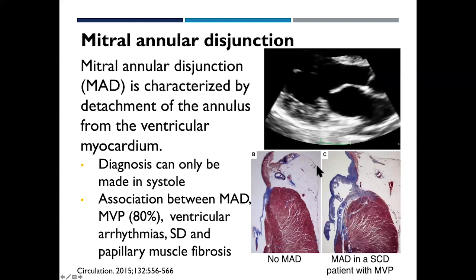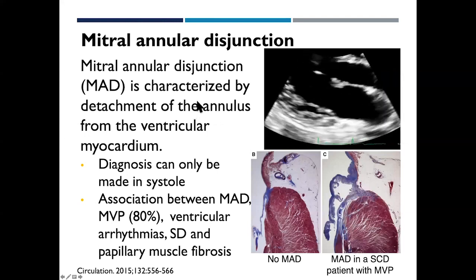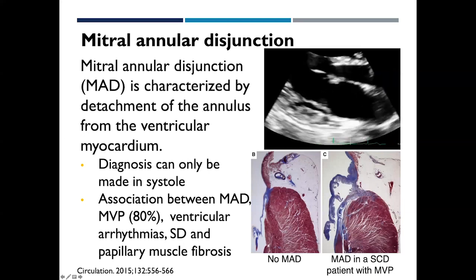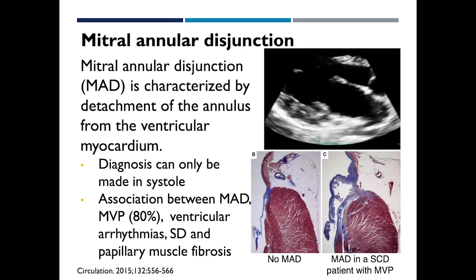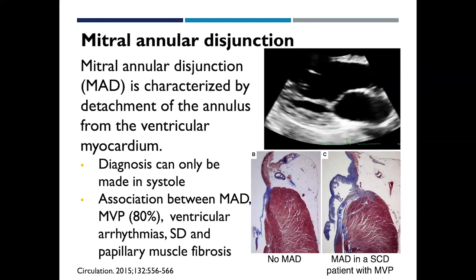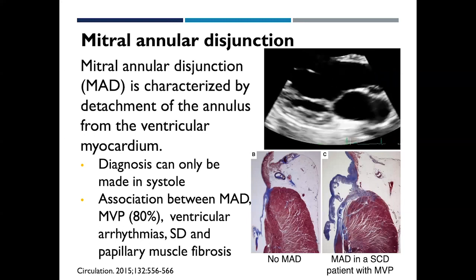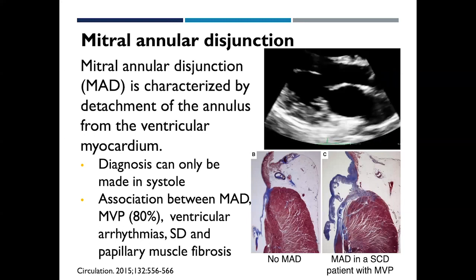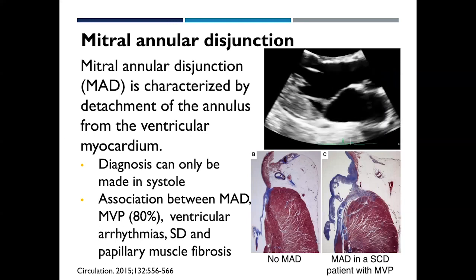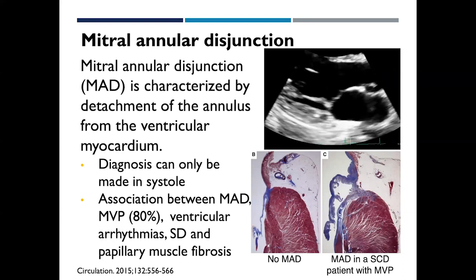Finally, my last couple of slides, I wanted to talk to you a little bit about mitral annular disjunction. This is a pathology that we have actually known about for 30 years, but only recently with the pathologists in Italy and also with the availability of MRI has it been realized that we can actually diagnose this pathology. And we're only starting to relearn about this again.